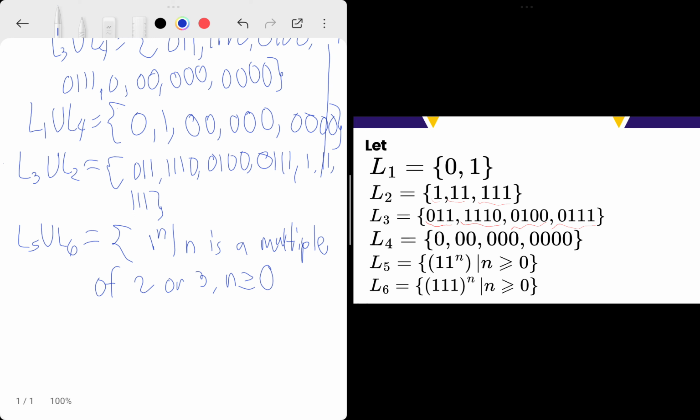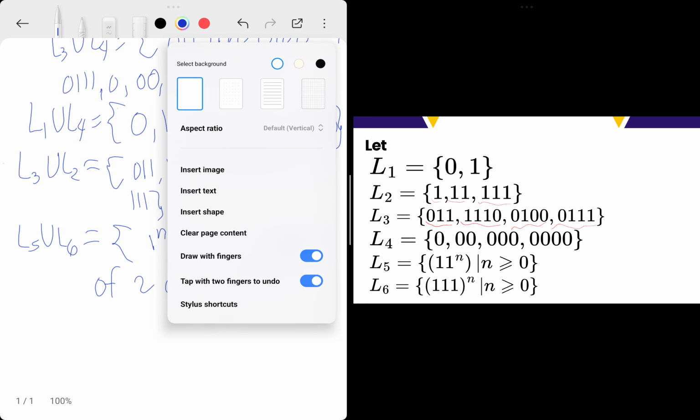Since 0 is a multiple of 3 and 0 is a multiple of 2, that's okay. So that's it for union.